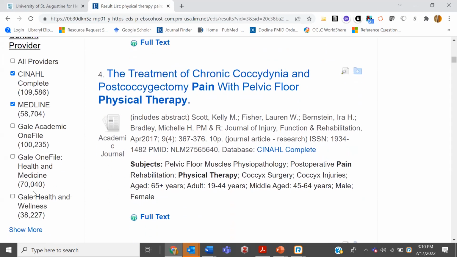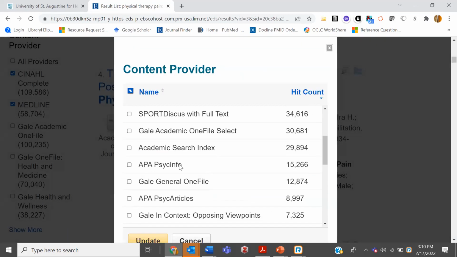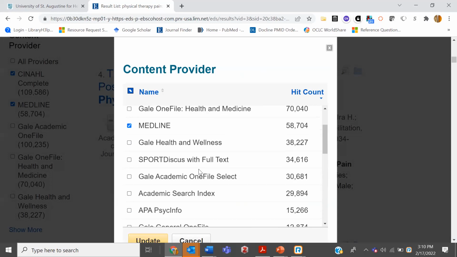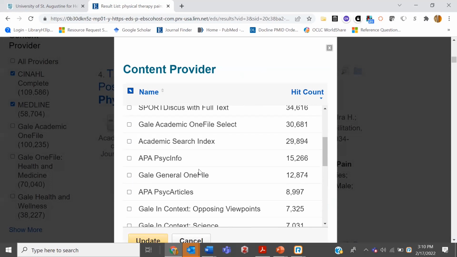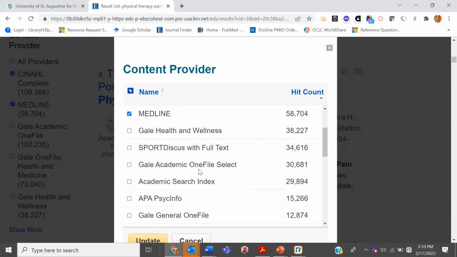We have other health and wellness, health and medicine items. We have psychological information. We have specifically rehabilitation information in, let's see, where did it go? There we go, SPORTDiscus, that's the one that I was looking for. So that's PT and sports medicine.